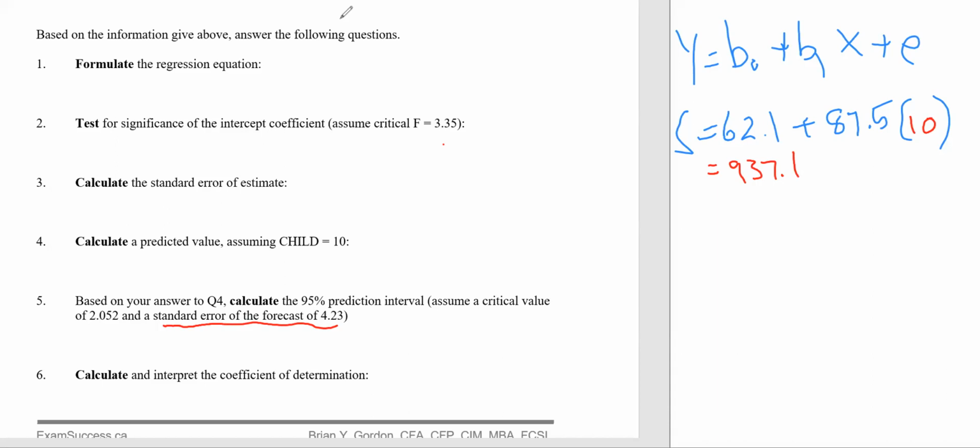This confidence interval is going to be calculated as the predicted value plus or minus the t-value, which will be given, times this standard error of the forecast. That's going to be given.